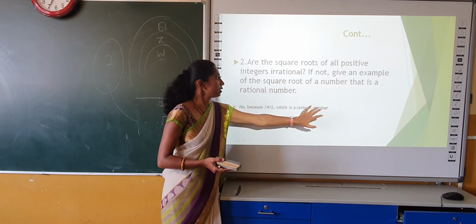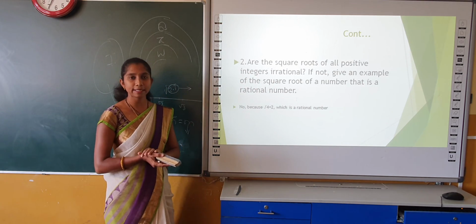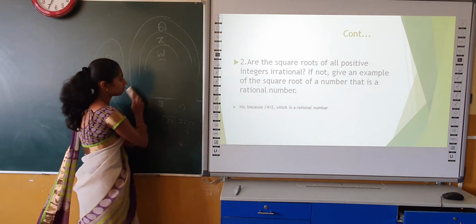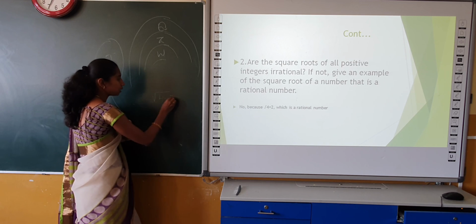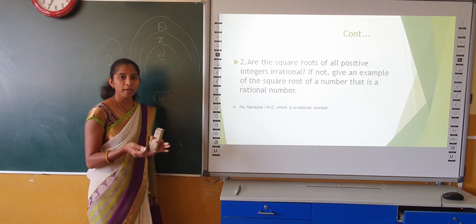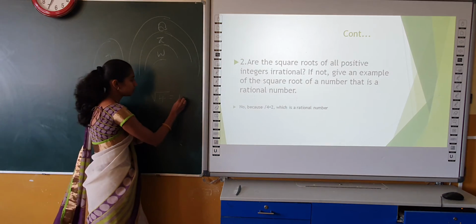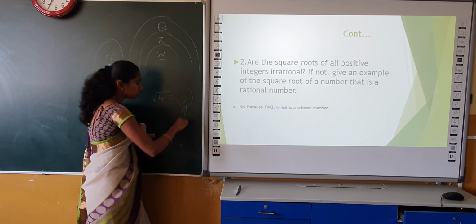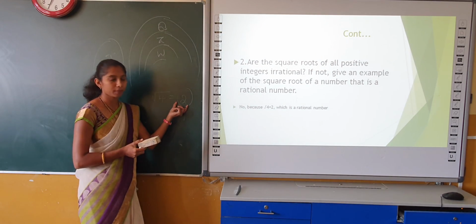Next problem: are the square roots of all positive integers irrational? For example, I will consider square root 4. You have already studied the square root chapter in the 8th standard. The value of square root 4 is 2. Is 2 a rational number? Yes, 2 is a rational number.